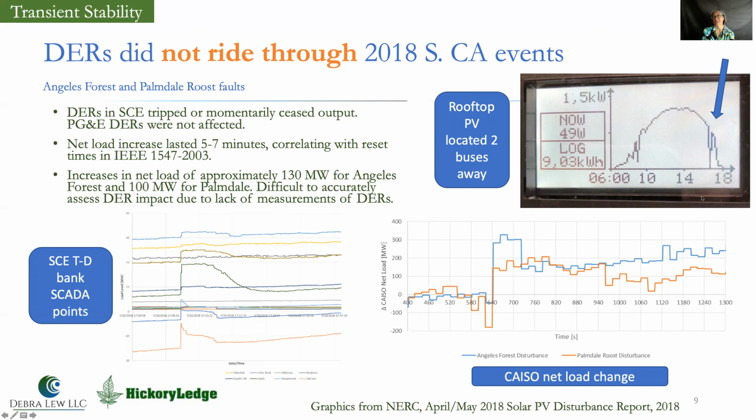And this picture is just some anecdotal evidence. Someone took a picture of their inverter readout that day, showing that for their inverter, it tripped offline at the time of the event and then came back on 5 minutes later. The net load increase lasted about 5 to 7 minutes, which correlates with the times in the IEEE 1547 standard.